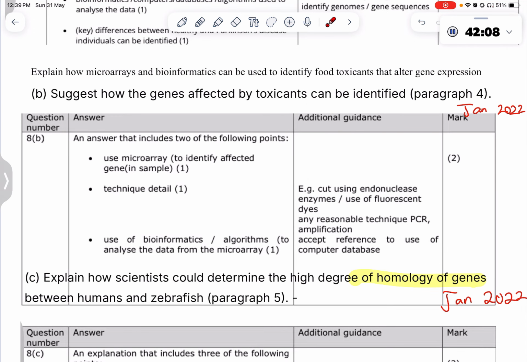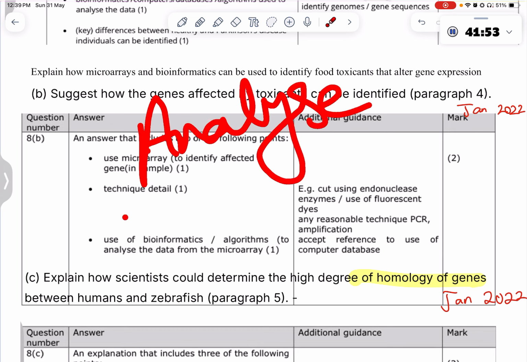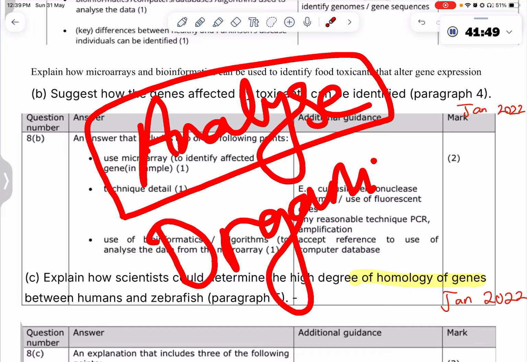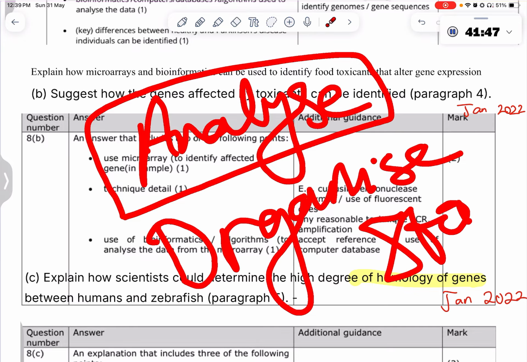This is a qualified detail. And then you use bioinformatics, which is the algorithm or software that would do three things: analyze, organize, and store.